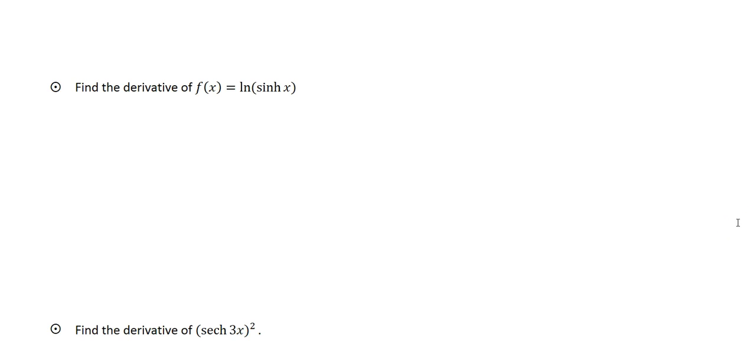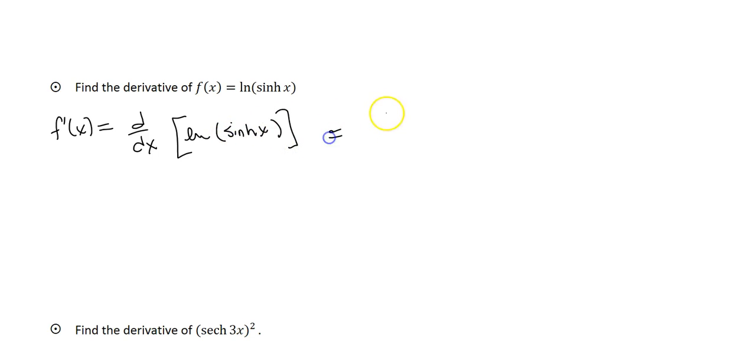And just to work some examples that use this, if I wanted to find the derivative of f of x equals the natural log of the hyperbolic sine, so we're trying to find f prime of x, which is the derivative with respect to x of the natural log of the hyperbolic sine of x. So if I let that be the natural log of u, I know that the derivative is going to be u prime over u.